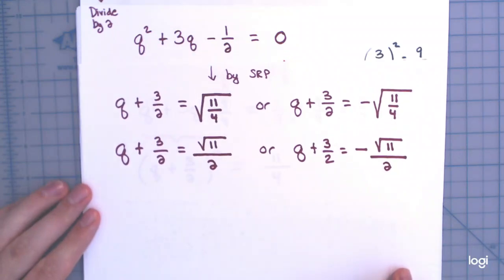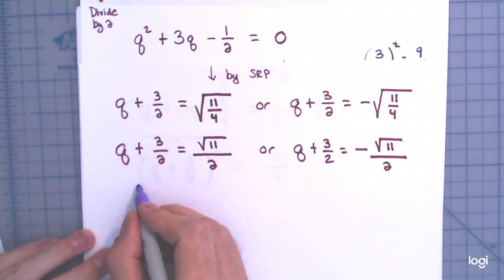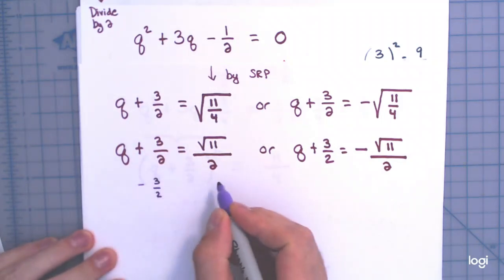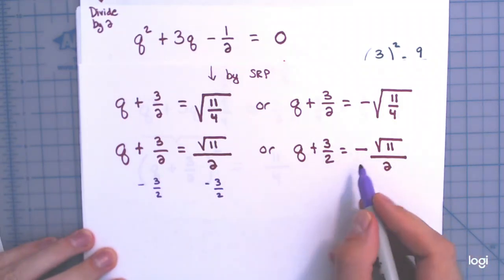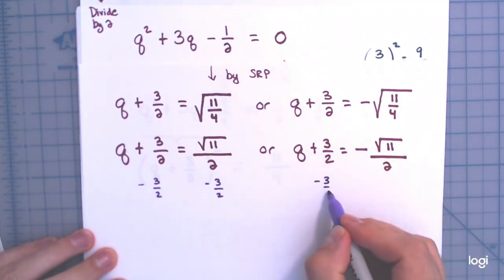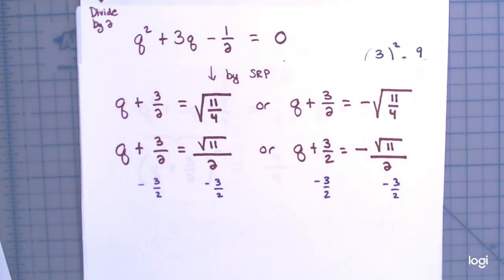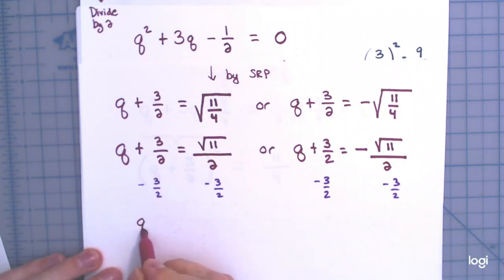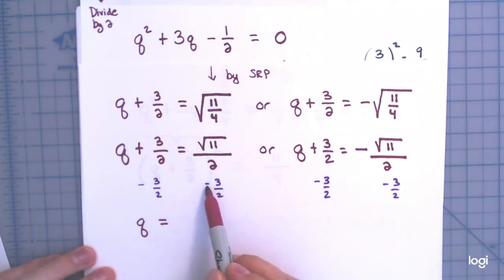And finally, I would be subtracting 3/2 from both sides. Same for this equation over here. To get q alone, subtract 3/2. And we have on the left side q equals these two fractions where I'm subtracting them.